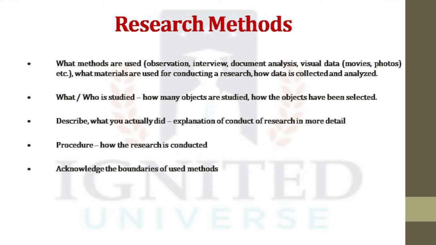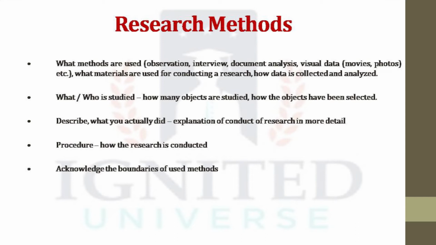Describe what you actually did, then do give an explanation of the conduct of the research in minute detail in the research method section. Do give the procedure of how you conducted the research. This can be in terms of an algorithm. Do acknowledge the boundaries of the used methods.